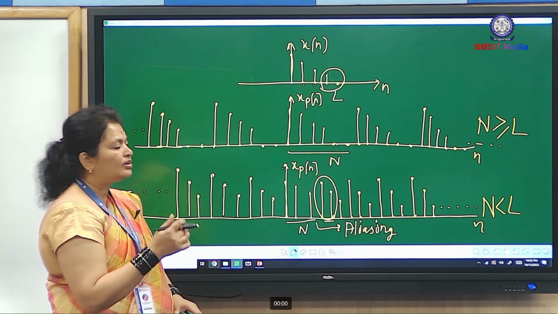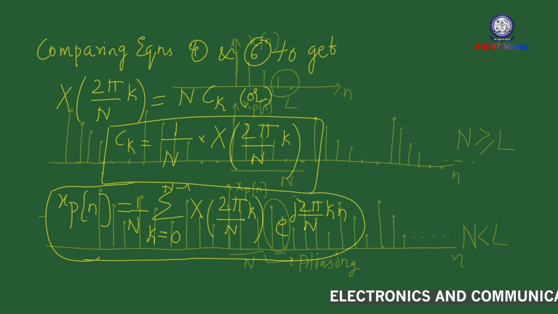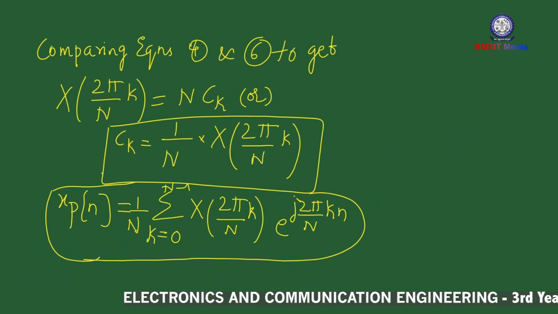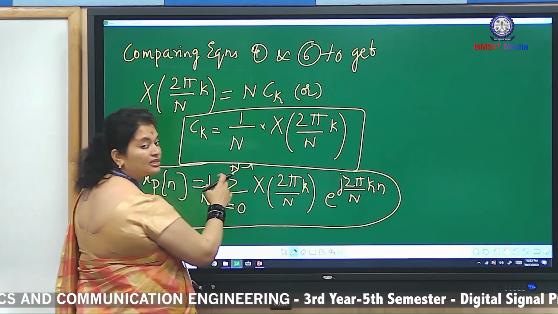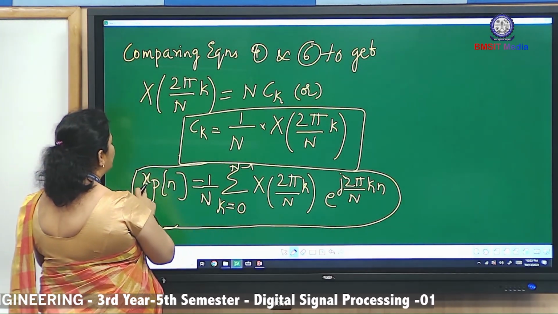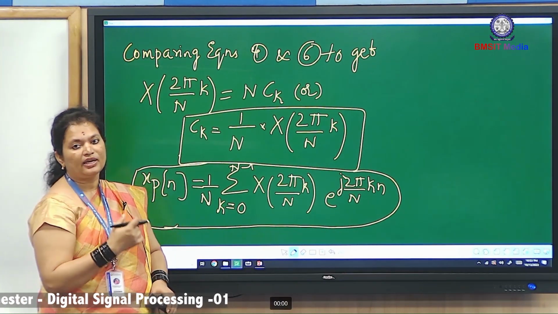So coming back to the previous slide. What was there in the previous slide? We were trying to reconstruct our x of n from the frequency domain samples. From the frequency domain samples, we have reconstructed xp of n. Now from xp of n, I have to get back my x of n.